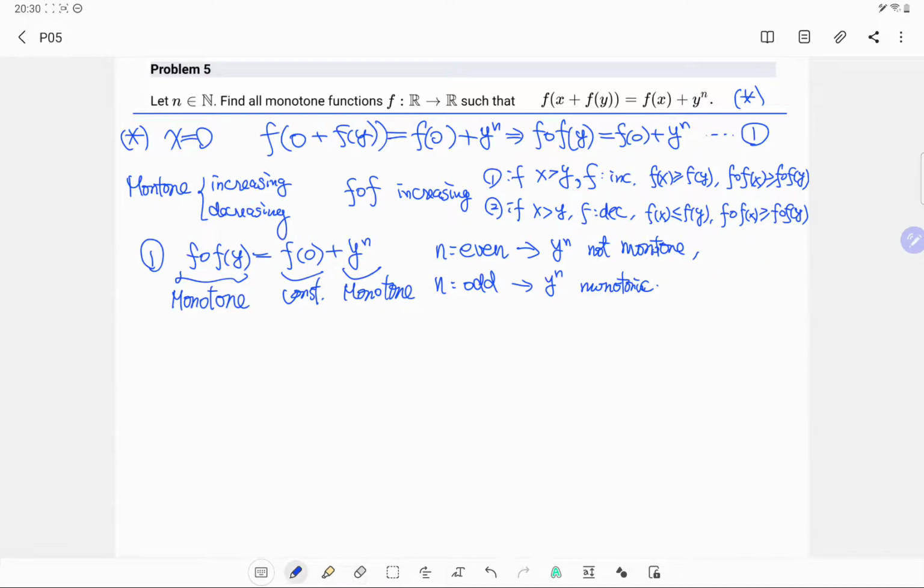But for n odd, for example the first power, y to the first power is a linear function, or if n is 3, the curve like this is still a monotonic function. So we conclude that n should only be an odd number.